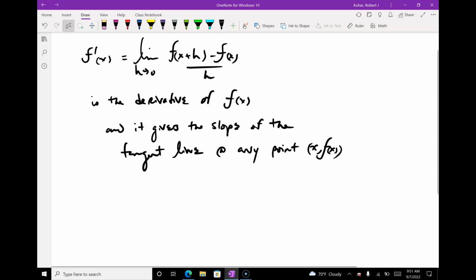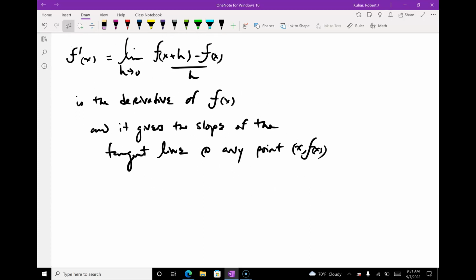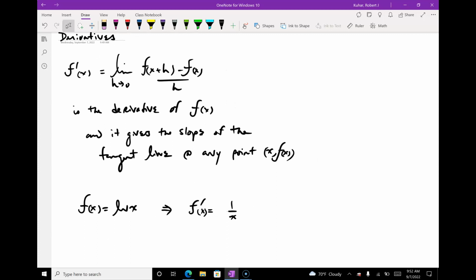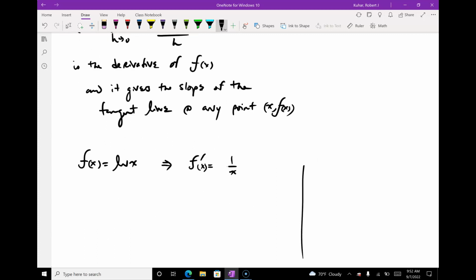So like in the problem that we did before, we said f of x was ln of x. It turns out that f prime is 1 over x. The derivative is 1 over x. You're going to memorize all of these. Put them on your formula sheet if you can't memorize them. And if you remember, we had the ln of x.